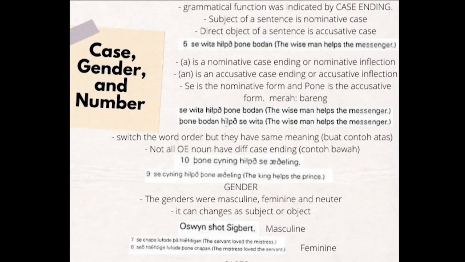And the next one is, not all Old English nouns have different case endings. For example, in example number 9, if we change the prince as subject and the king as object. And then we can look at example number 10.